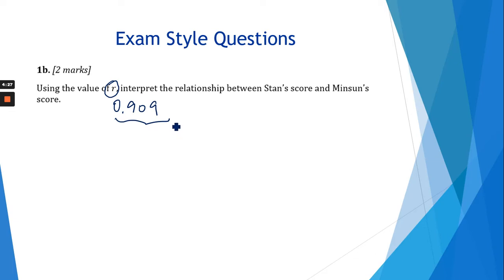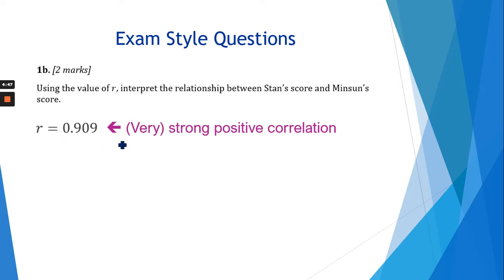You can just acknowledge that there is a very strong correlation between the two scores. You can say that both scores are very aligned, or they strongly agree, or just interpret in the way that you prefer. So, a very strong positive correlation.